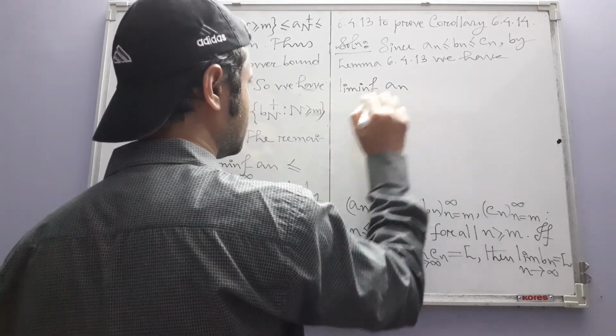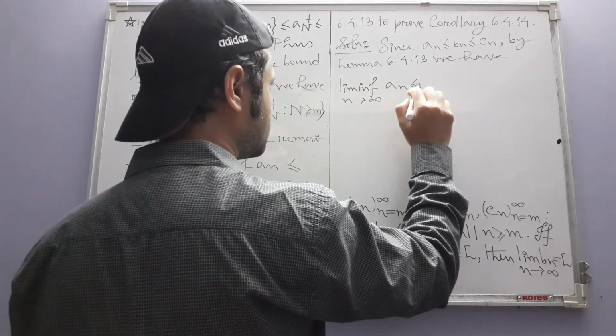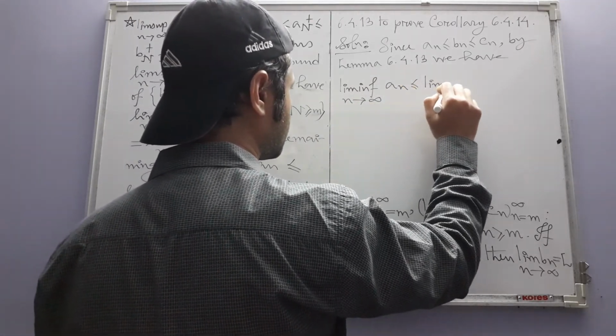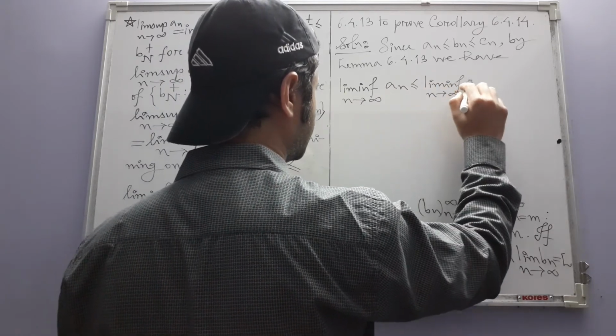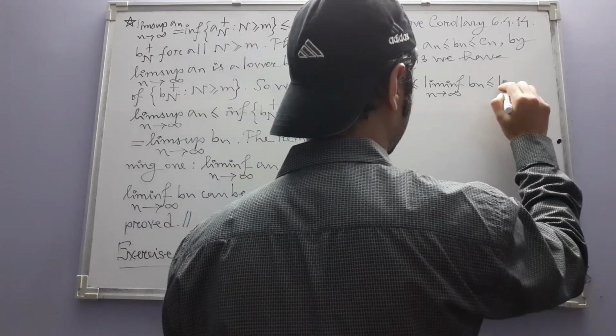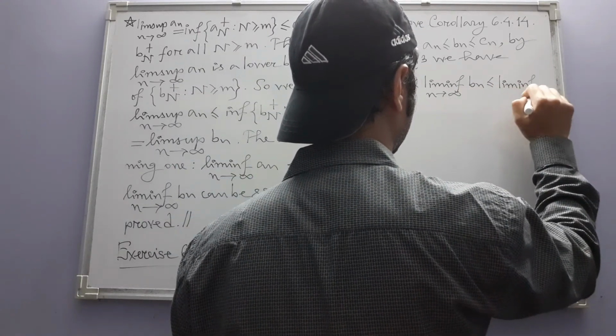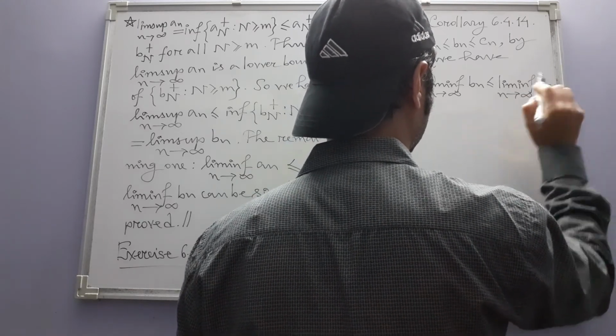Limit inferior of a_n is less than or equal to the limit inferior of b_n, which is less than or equal to the limit inferior of c_n.